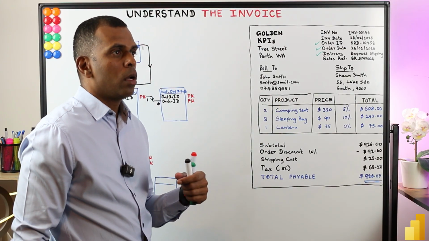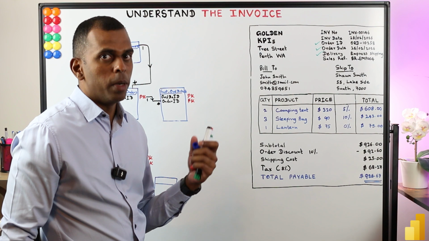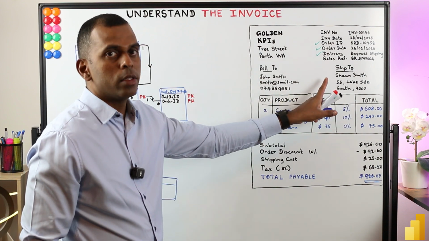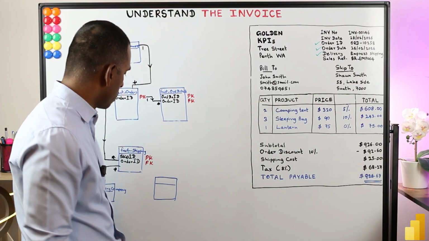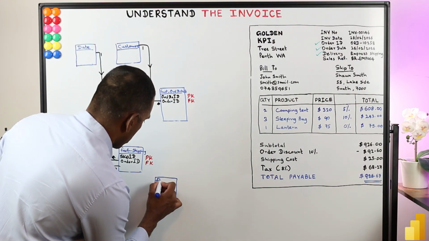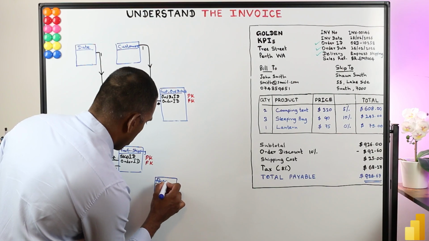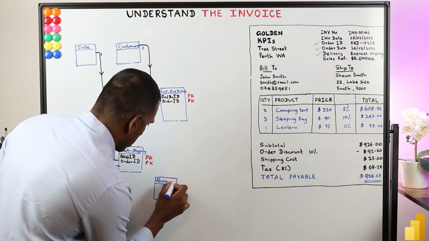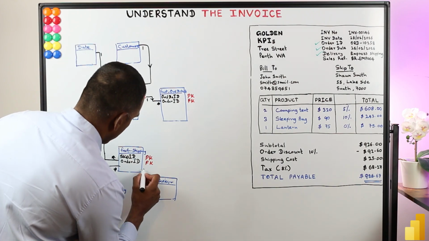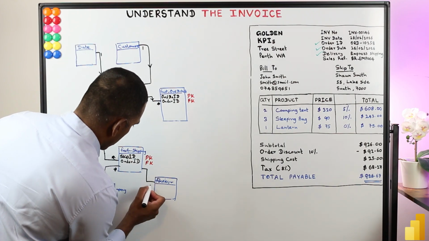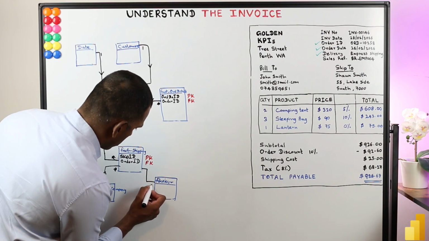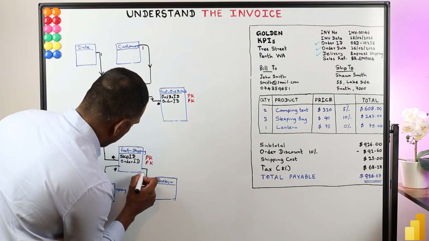Like for example, someone gives a birthday gift, a customer orders something and the receiver is a different person. So let's put the receiver. One person can have multiple receivers. One to many.